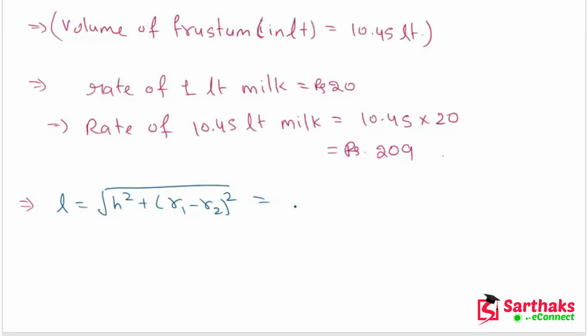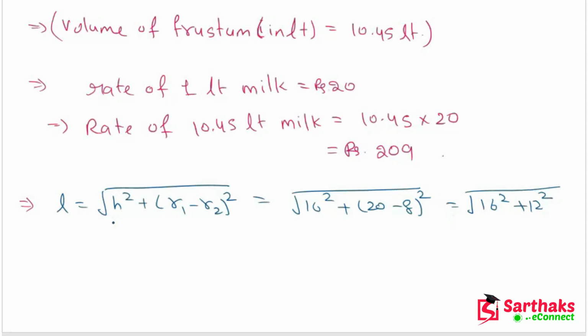So this is 16 square plus (20 minus 8) whole square, which becomes 16 square plus 12 square. If we solve this, we get L is equal to under root 400, so this will give 20 centimeter.